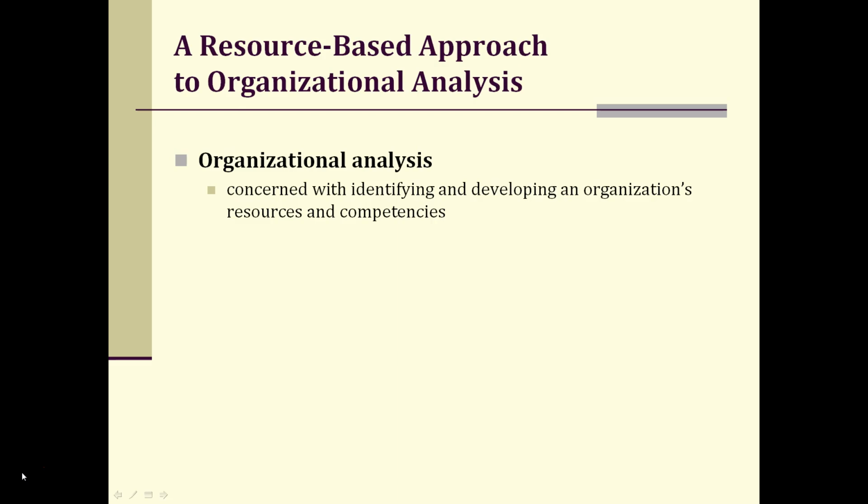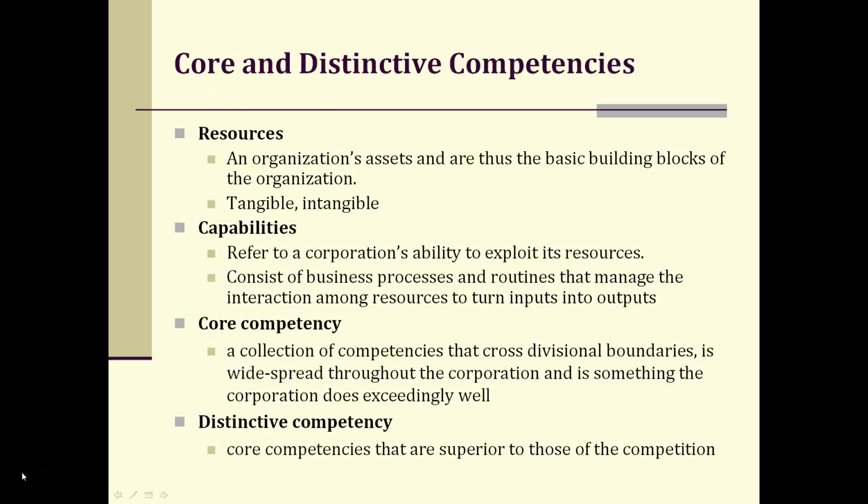Resources are an organization's assets and are thus the basic building blocks of an organization. They include tangible assets such as its plant, equipment, finances, and location; human assets, the number of employees, their skills and motivation; and intangible assets such as its technology, patents and copyrights, culture, and reputation.